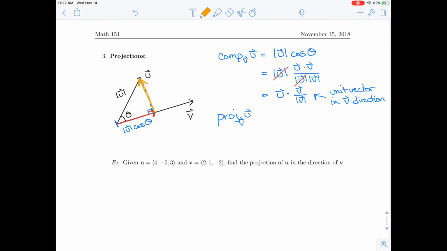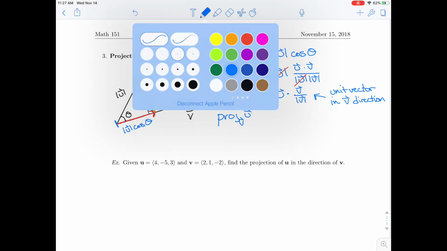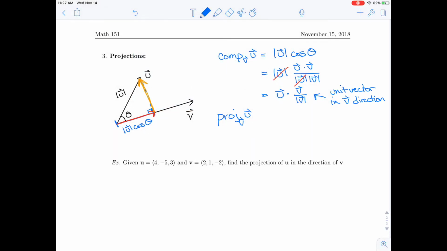So the projection of u onto v is the part of u that's in the v direction. Well, we already know how much of u is in the v direction. That's u dot v over magnitude v. And now we just need to put that vector in the v direction.